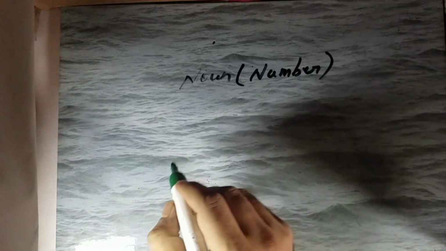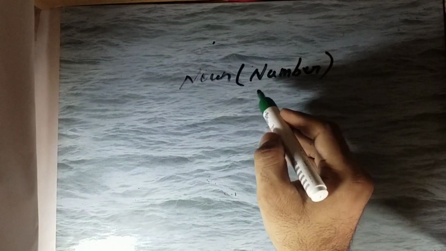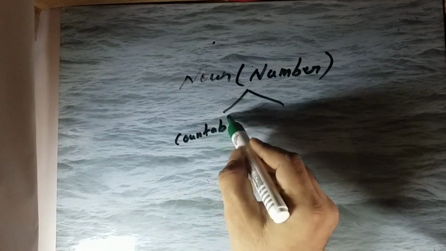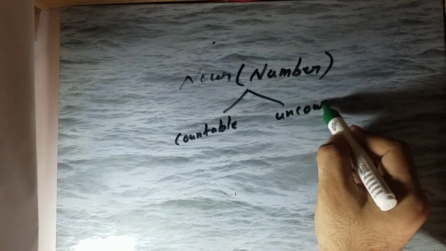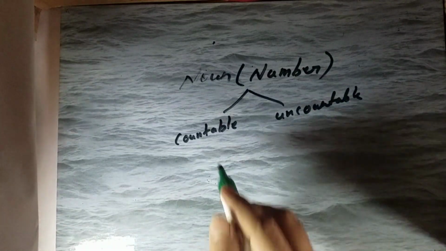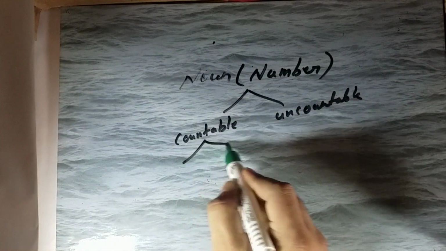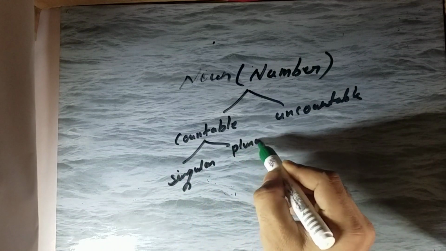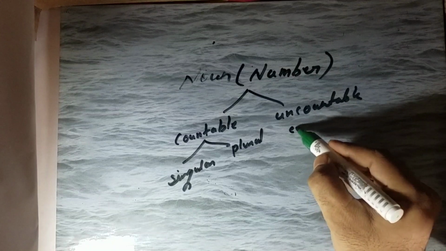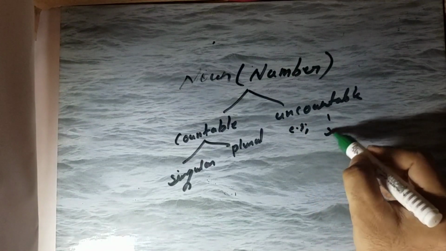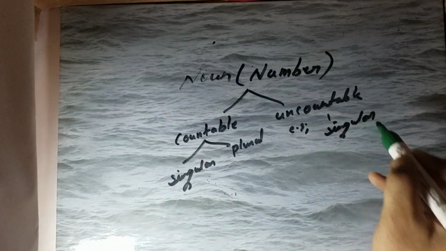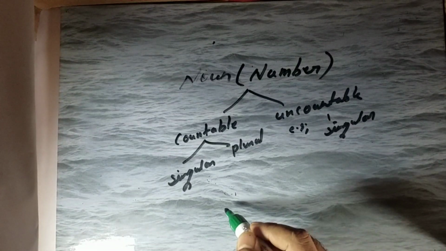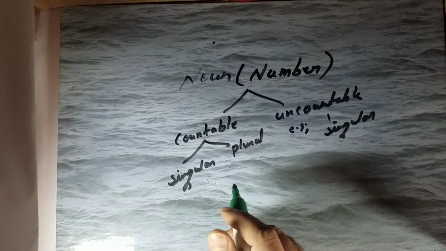Noun related to number. As we all know, it can be classified into two parts: countable and uncountable. Countable means what? Singular and plural. Uncountable is always what? Singular. Water, we cannot count water.